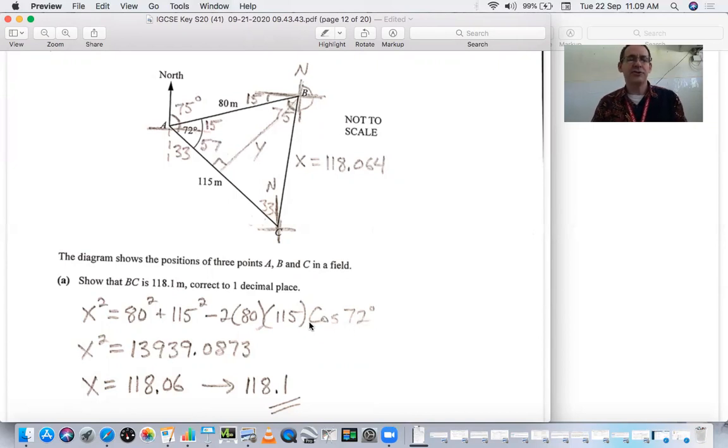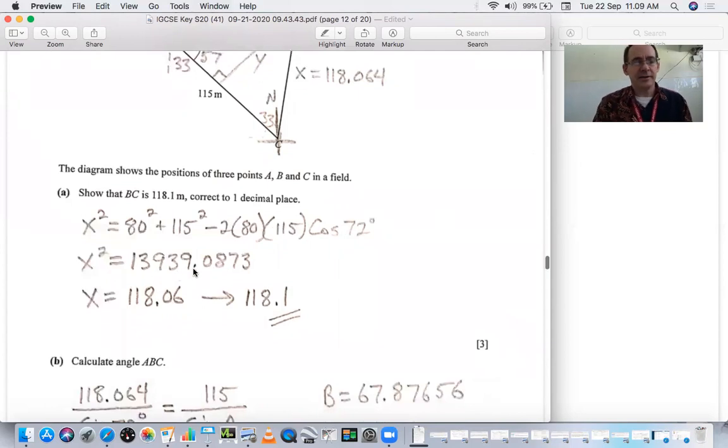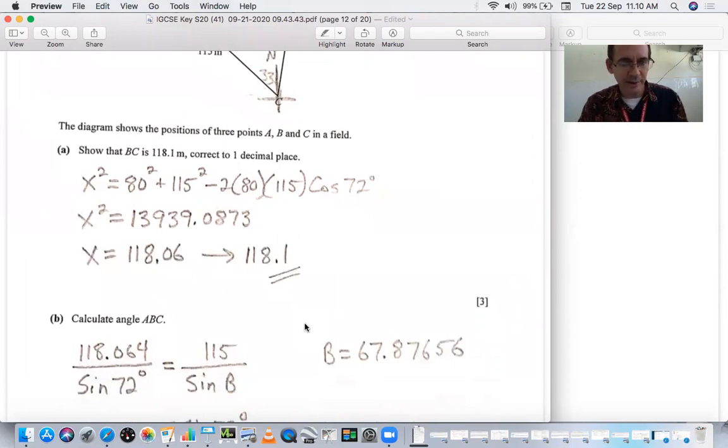Cosine is 72. You can basically plug that all straight into your calculator and get one answer. 13,939.0873, square root, and you get 118.06, which rounds to 118.1 to 1 decimal place.